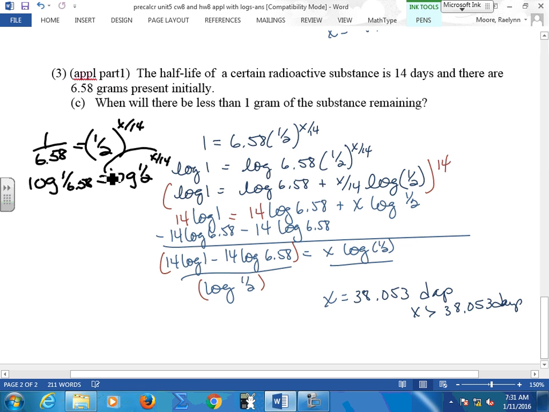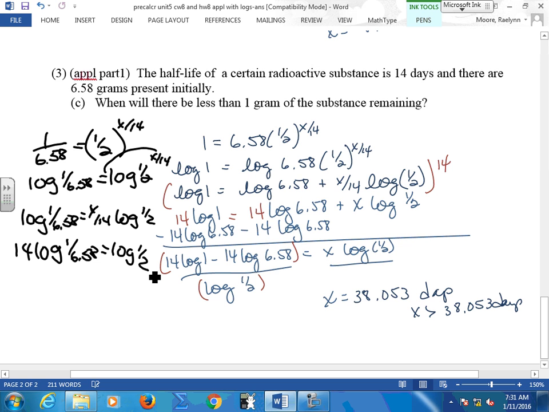You can bring this down. Okay, multiply everybody by 14. You got one term. So multiply and get the 14 out of here. And then, oops, I lost my x. There's my x. And divide, then, by log of 1/2.